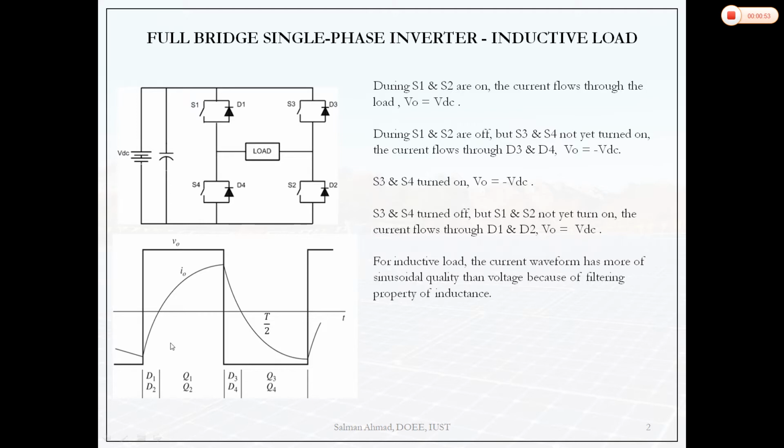It rises linearly whenever positive voltage is applied across the RL load, and falls from some maximum value to a minimum value whenever the voltage across the load is negative. Based on the voltage and current waveforms, we can have different switches conducting in different intervals.